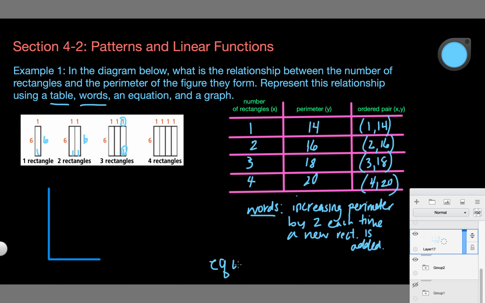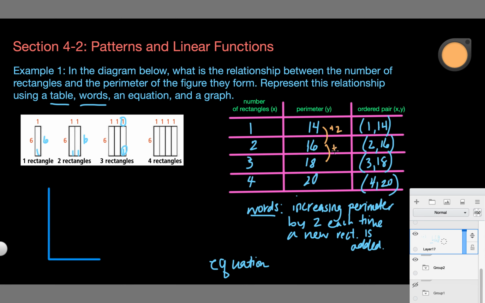So this is going to be the hard part, okay? I'm going to change colors for this. Whatever the value that it's going up by is going to be the value that you're going to multiply your x by. So as we can see, this is going up by 2 every single time, right?